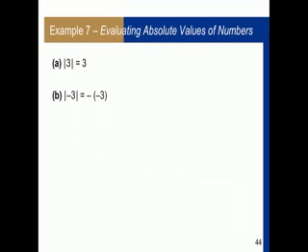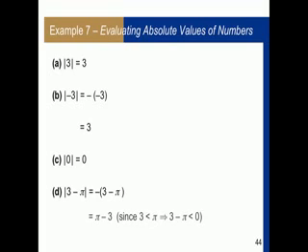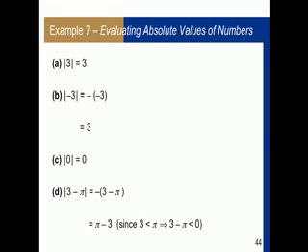In letter B, the absolute value of -3, so its distance from 0 is also 3. Letter C, the absolute value of 0 is 0. And D, the absolute value of 3 minus pi is the negative of 3 minus pi, so it is pi minus 3, since 3 is less than pi.